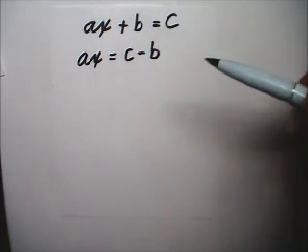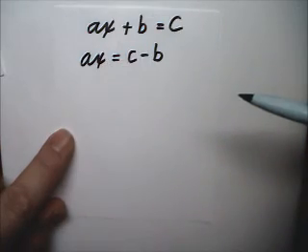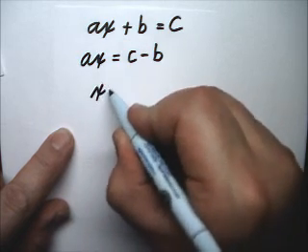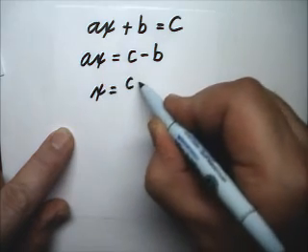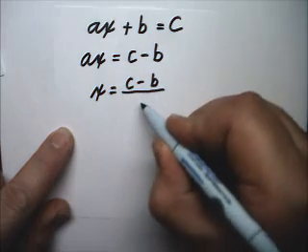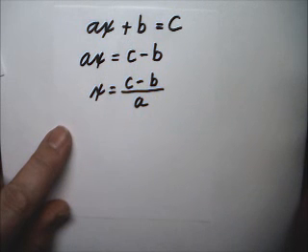Here we can't do it, so we just leave it alone. The last step is to divide both sides by a. So we get x equals c minus b divided by a. That's it.